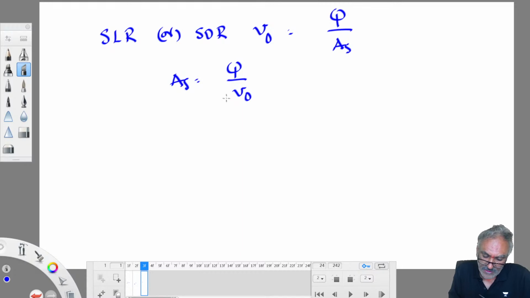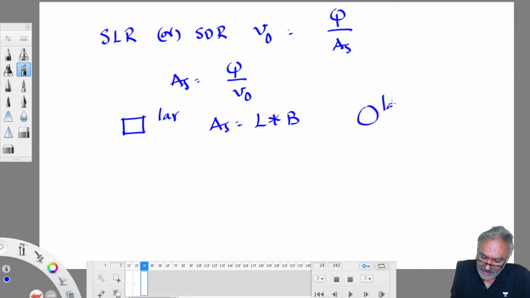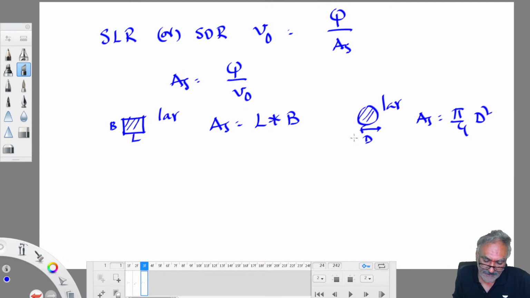For a rectangular tank, the surface area is length into width. For circular tanks, surface area is taken as pi by 4 d square, where d is the diameter of the sedimentation tank, and L is the length. This is length, this is width, and this one is diameter. This is how we can work out surface area.